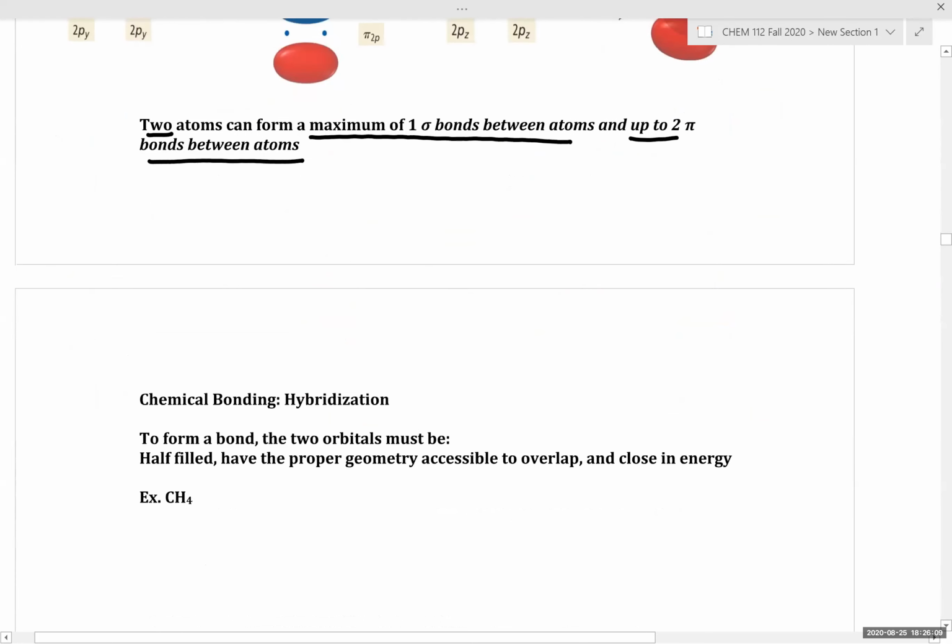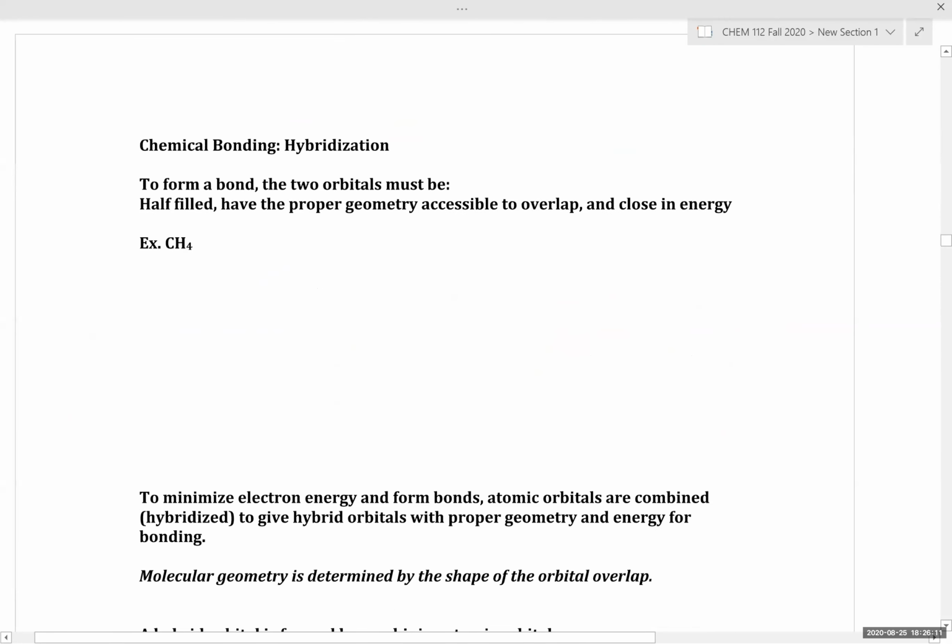Well, we'll introduce this idea before we finish today, and we'll pick up on this next session. The way that we maximize bonding and minimize our electron energy by forming chemical bonds is through a process known as hybridization.